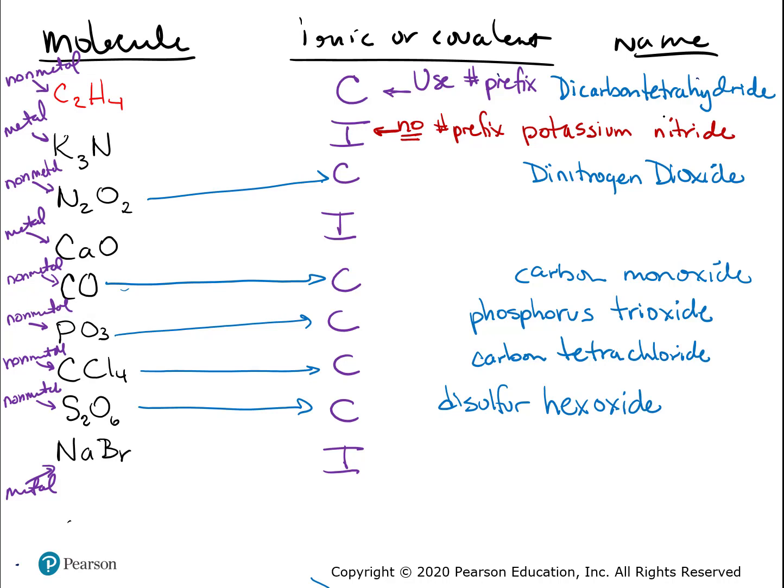That's the only way potassium and nitrogen will combine because they transfer electrons. So then what is CaO? Yep, calcium oxide. And then the last one, NaBr. Sodium bromide.